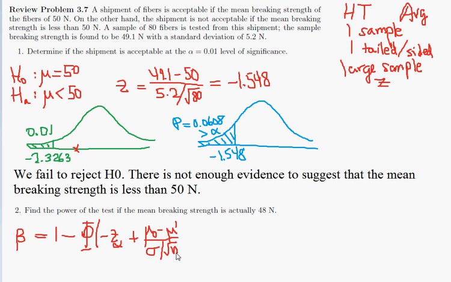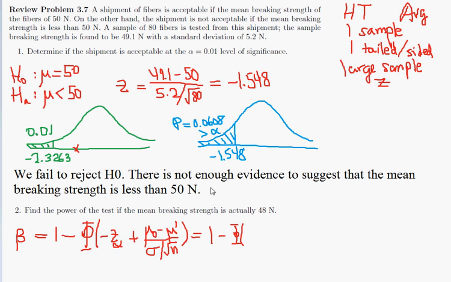Now once again we don't know the value of sigma, but we will use the sample standard deviation to approximate that. So 1 minus phi. Z sub alpha is going to be positive 2.3263.